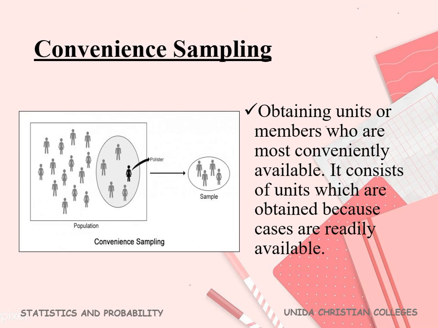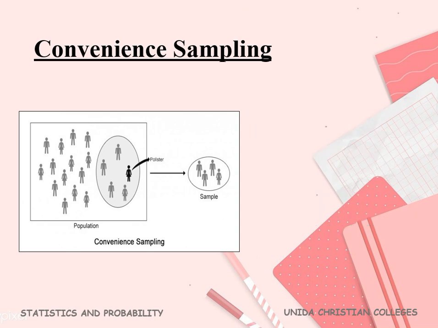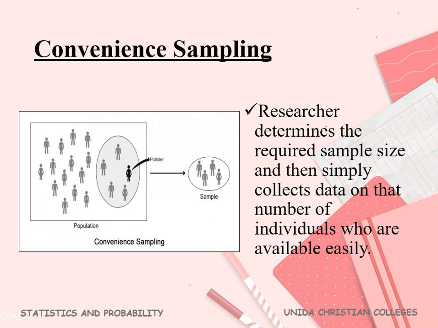So, as you can see po, si convenience sampling, kung sino lang po yung members na most conveniently available, kung sino po yung readily available. So, after mo daw ma-identify yung sample size or the total number of respondents, simply magko-collect ka lang ng data on that number of individuals who are easily available.